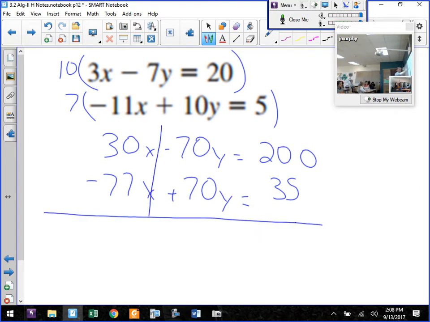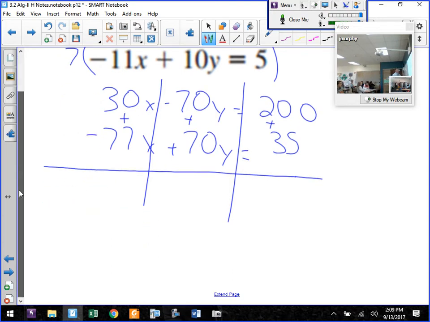Again, 3 problems. You're adding between them because you have same coefficient, opposite signs. Add them together, they get eliminated. So 30 and negative 77 would be negative 47x is 235. Divide it out by negative 47.